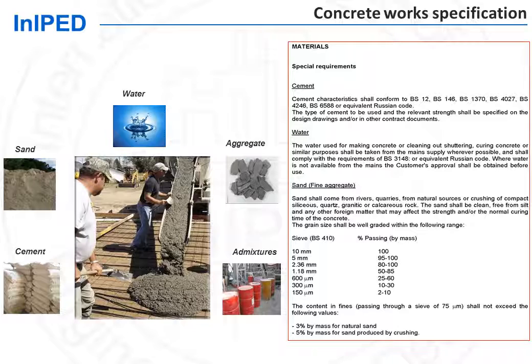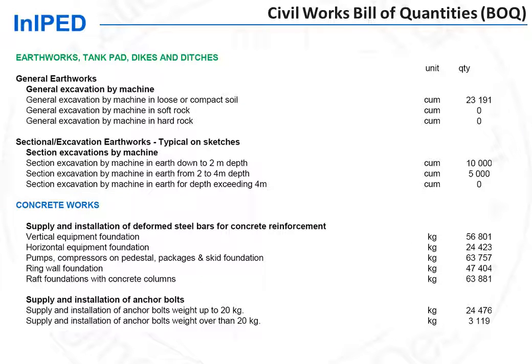The quantity of each type of work also needs to be quantified in order to issue inquiries to potential construction subcontractors. This is done by means of the issue of the Civil Works Bill of Quantities. Civil Works subcontractors will be asked to indicate the unit price for each line item.